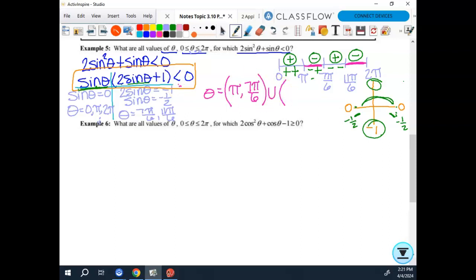Then I'm going from 11 pi 6 to 2 pi, parentheses. Even though 2 pi is included right here, 2 pi actually makes this equal to 0, and I don't want it to be equal to 0.